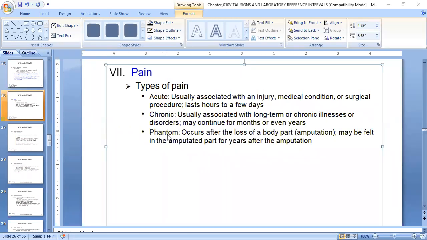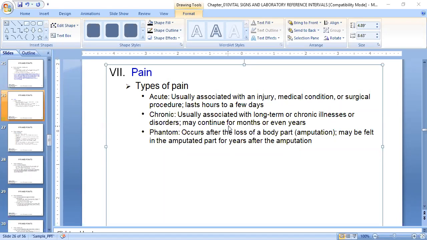So acute pain: if the pain is associated with any injury or medical condition or any kind of surgical procedure, lasting from an hour to a few days, it is called acute pain. Chronic pain is usually associated with a long-term or chronic illness, and may continue for months or even years.